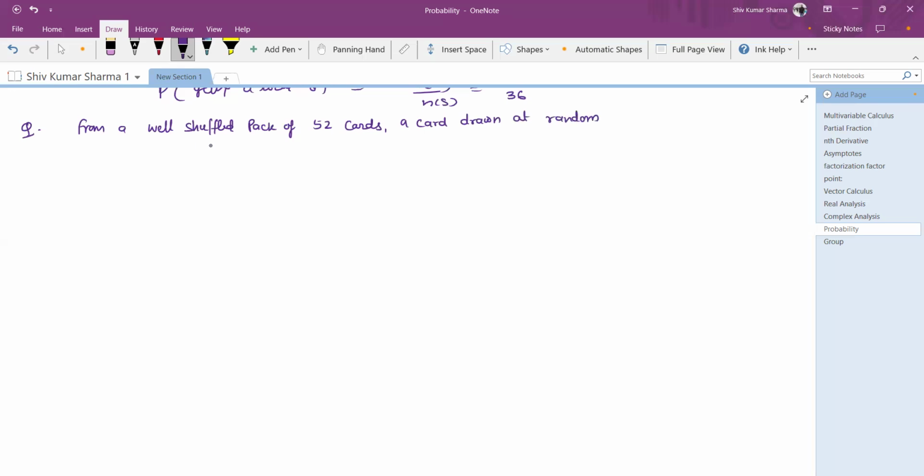Find the probability that the drawn card is red and a king.